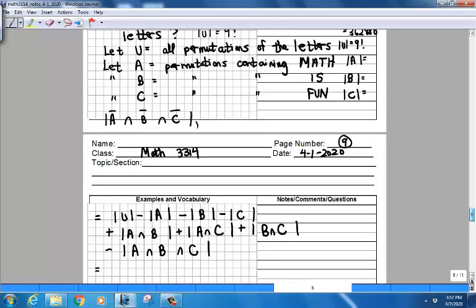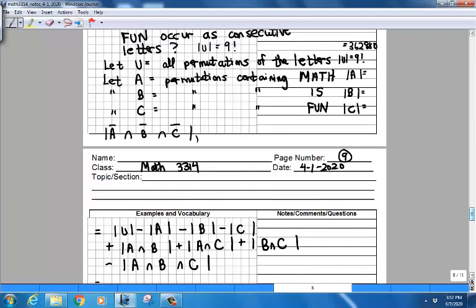All right, so I've set this up now as an inclusion-exclusion problem with complements, right? And of course, what I've written here is really just a restatement of Theorem 6. All right, now let's see if we can use our counting skills to compute all these several cardinalities that we need to compute.